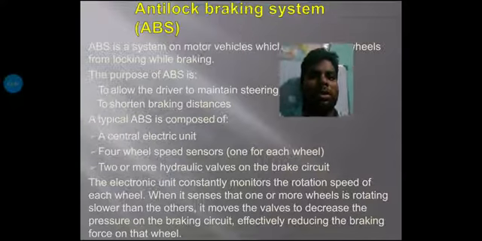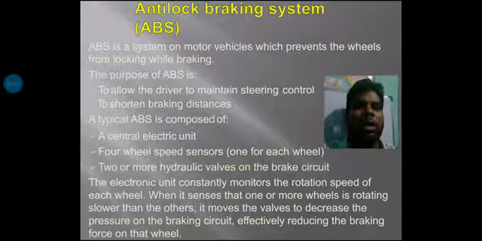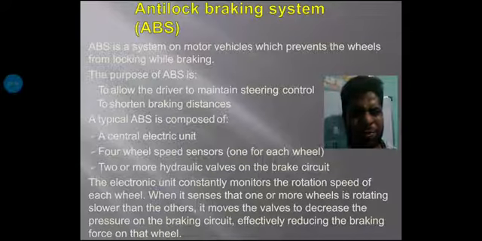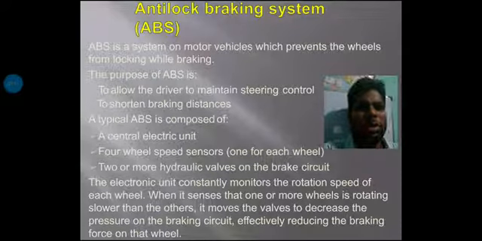Now next, the anti-locking braking system, whose short form is ABS. In the ABS method, the locking system is the main criterion. ABS is a system on motor vehicles which prevents the wheels from locking while braking.